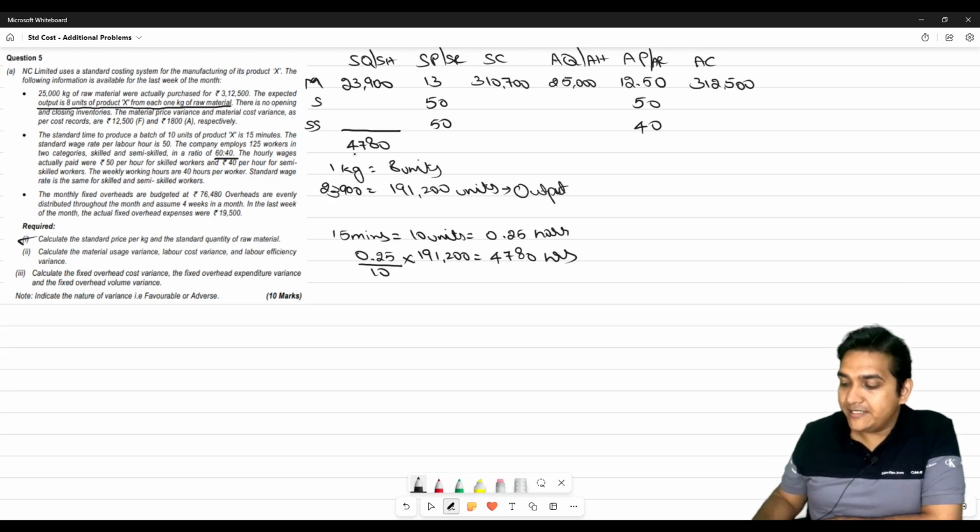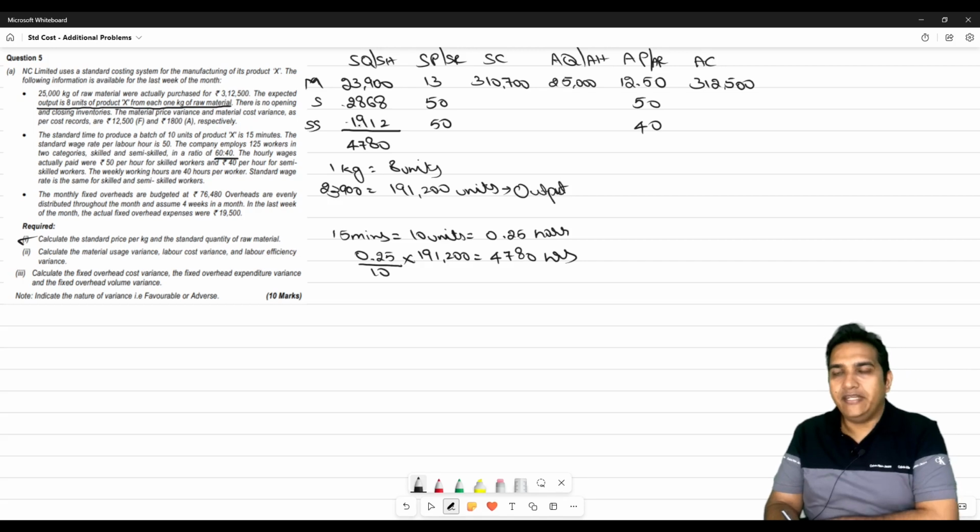So 4780 into 60 divided by 100, we get 2868. And 4780 into 40 divided by 100, we get 1912. If you add these two, you will get 4780.